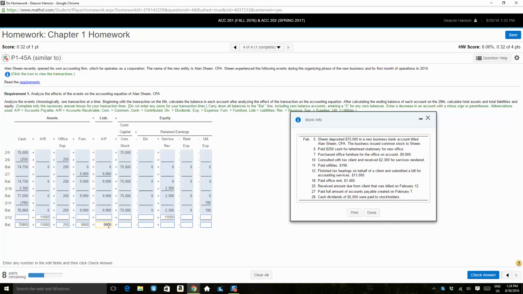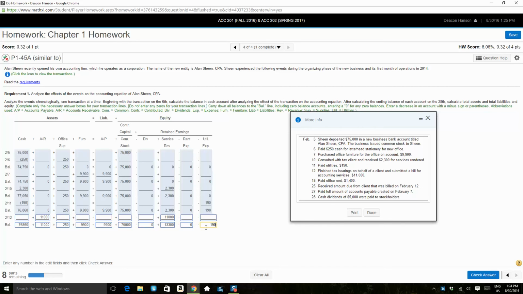Now be careful here because you have a beginning balance prior to this transaction. You have 2,300 plus 11,000, so you're going to have 13,300 in service revenue. All right, check answer. Well done.